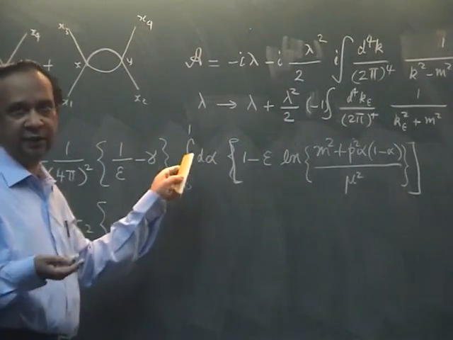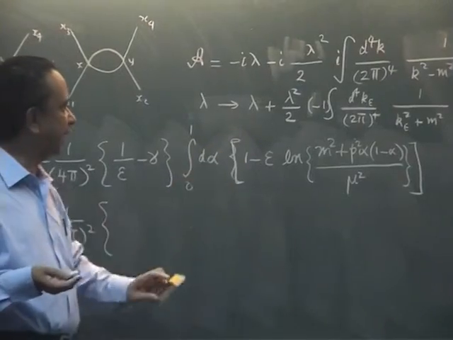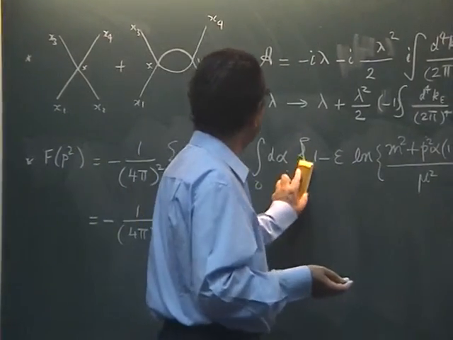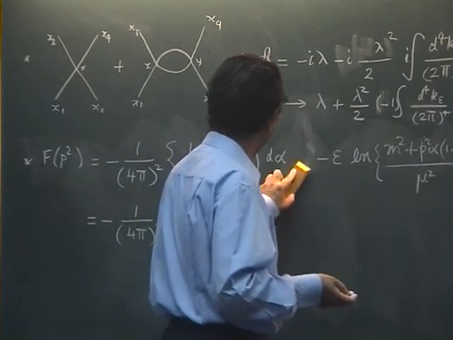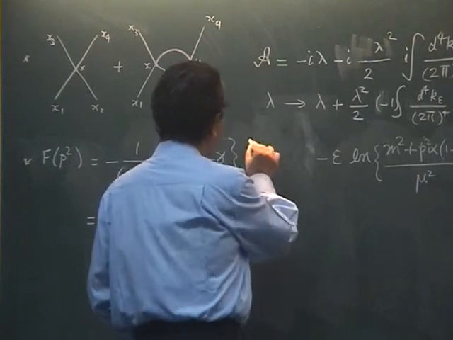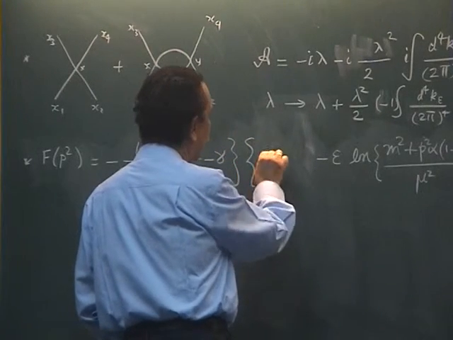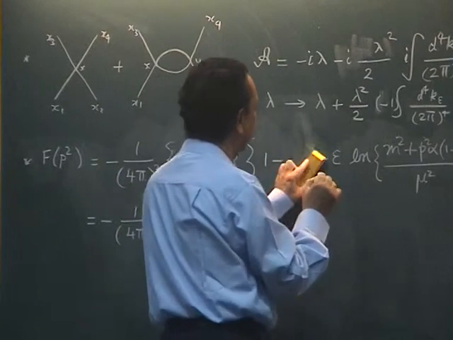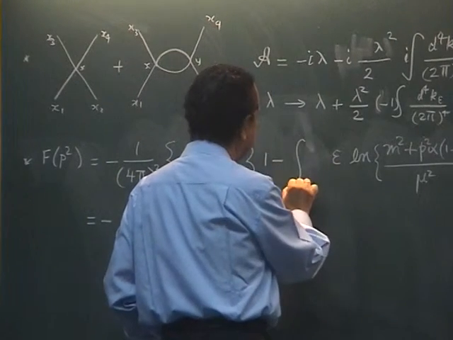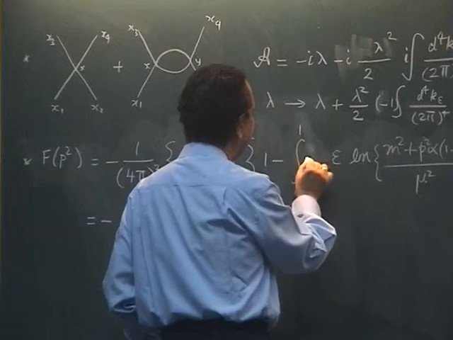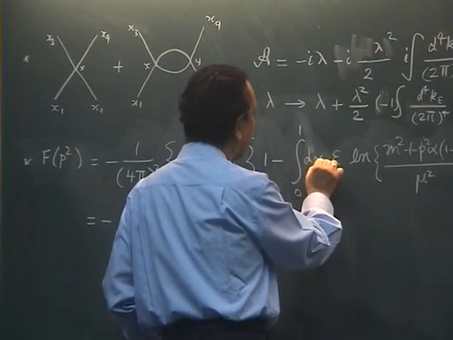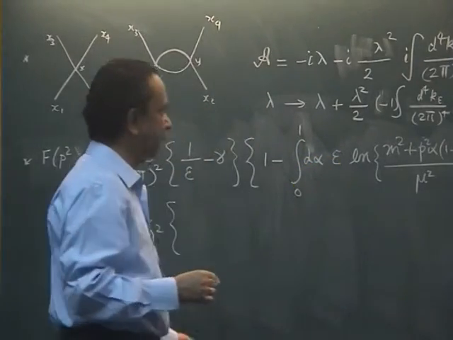Integral d alpha 1 is just 1. So then the remaining integral sits there. So this is going to be minus integral 0 to 1 d alpha of these quantities with an epsilon in front.